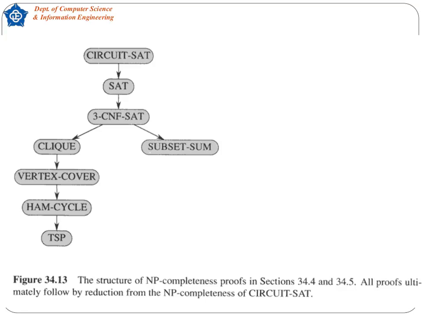On one side, 3CNF-SAT maps to clique in graphs, then to vertex cover, then to Ham cycle, and finally, to the traveling salesman problem. On the other side, 3CNF-SAT goes directly to the numerical subset sum problem. Every NP-completeness proof in these sections follows one of these arrows, tracing back ultimately to circuit SAT. Now that we have this roadmap, let's dive into each reduction in detail.